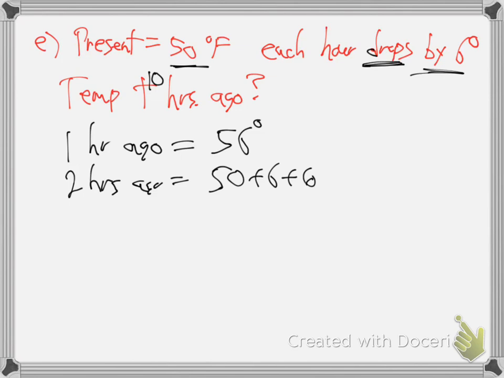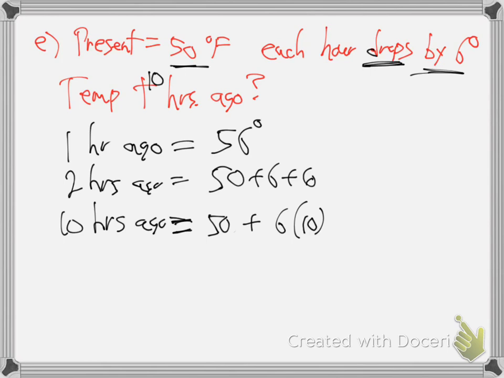Yeah, so Jesus has got it, right? 10 hours ago, it's 50 plus 6 times 10. Does that make sense, if that thinking is correct that Jesus stated? It was hot 10 hours ago.